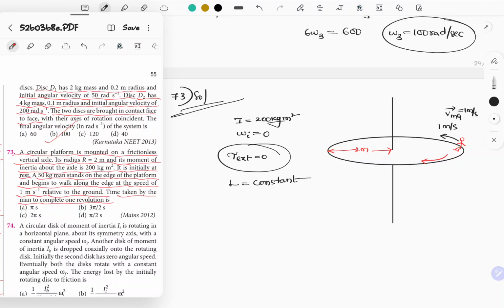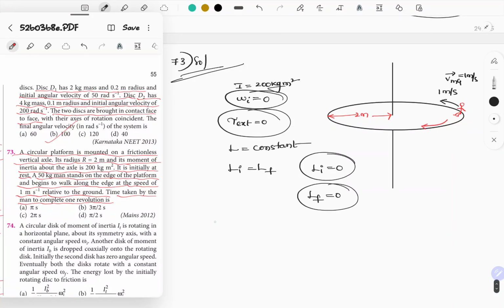Then initial angular momentum is equal to final angular momentum. One point they said is the initial angular velocity of the disk is 0. So initial angular momentum is equal to 0. If initial angular momentum is 0, final angular momentum is also 0. It means angular momentum of the man is equal to angular momentum of the disk.